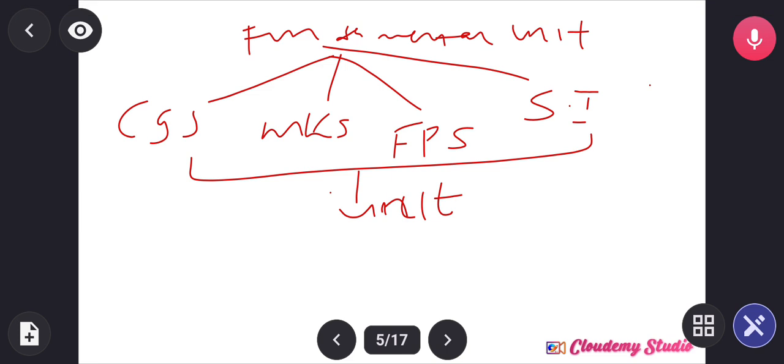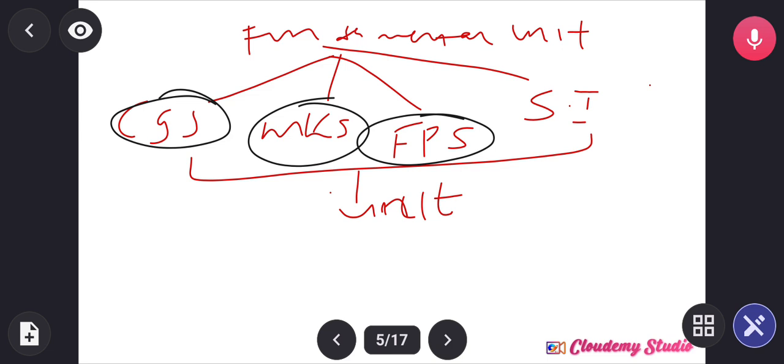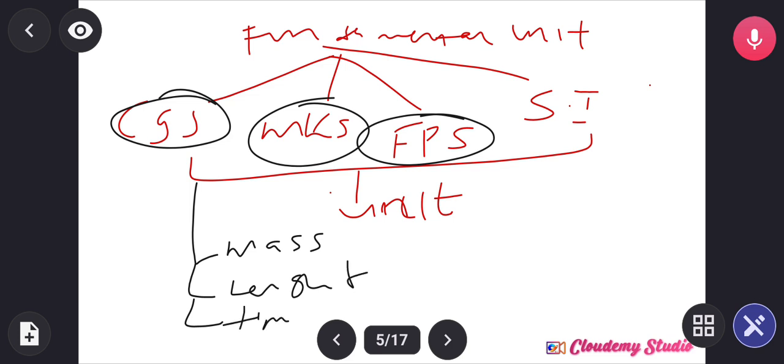So basically, in these three units that we have, CGS, MKS, and FPS, there are fundamental quantities that are common to them. And that is three of them: mass, length, and time.